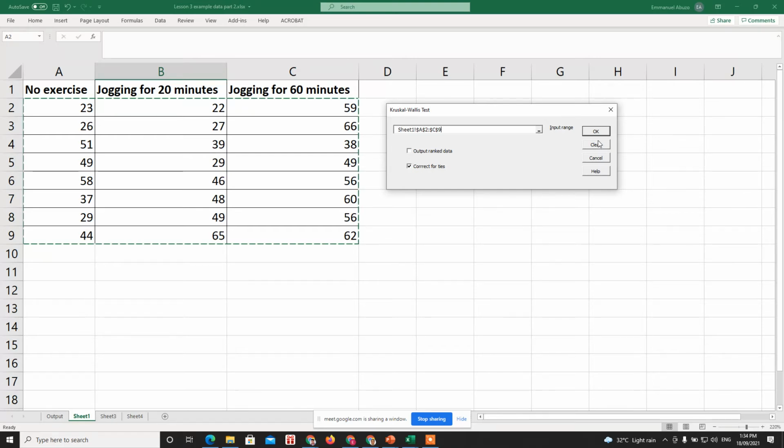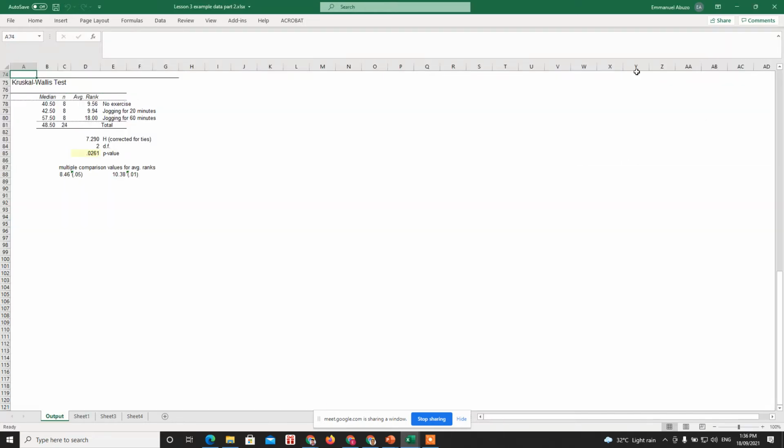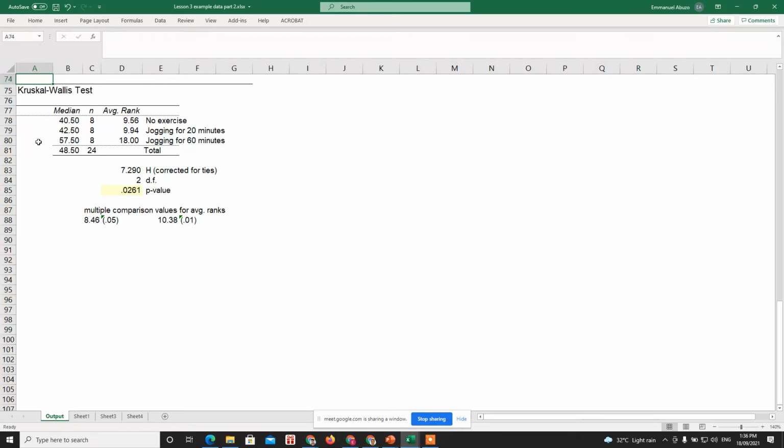So we go to okay, and as you can see here, our degrees of freedom is 2 because we have 3 groups. So you have 3 minus 1, that's equal to 2. And the H value here, which is corrected for ties, is equal to 7.290.